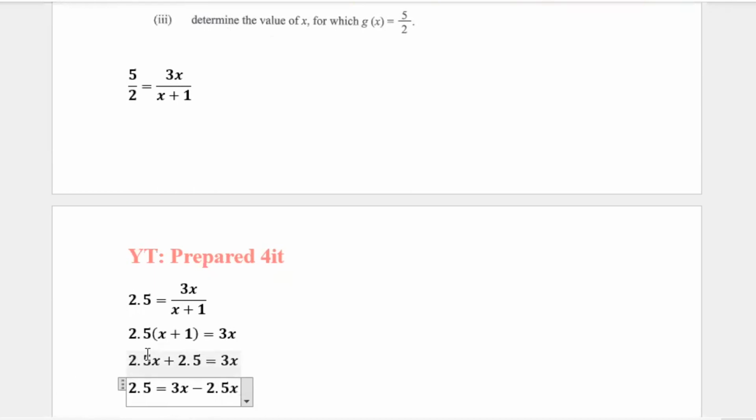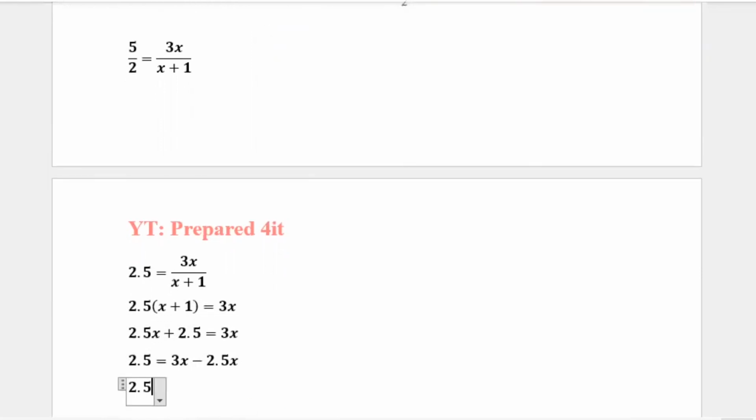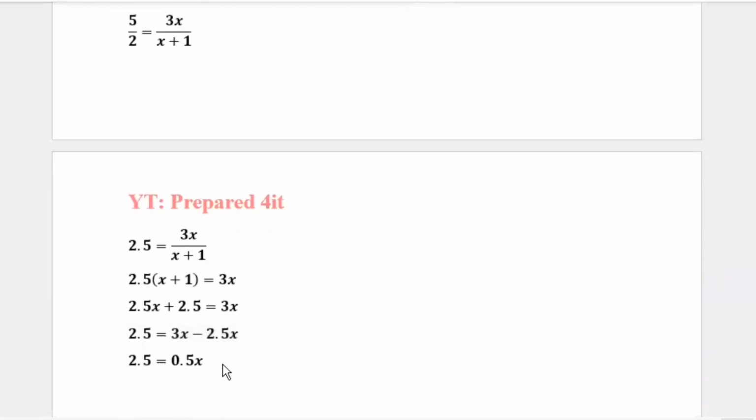So the 2.5 here, it was adding. So when I carry it across, it is subtracting. So I get 3x minus 2.5x. So when we work that out, 2.5 is equal to 3x minus 2.5x. What we'll get is 0.5x. And now we can solve for x. So it is 2.5 divided by 0.5. 2.5 divided by 0.5. And that is equal to x.